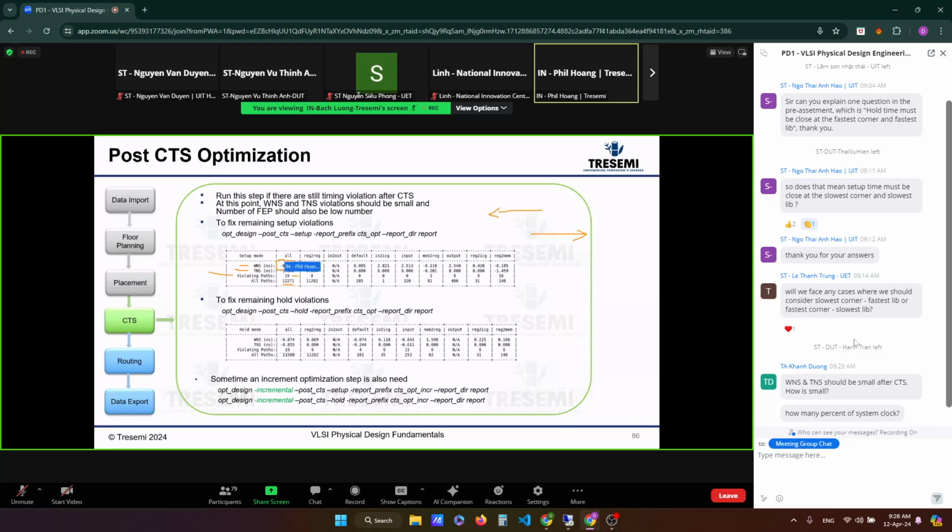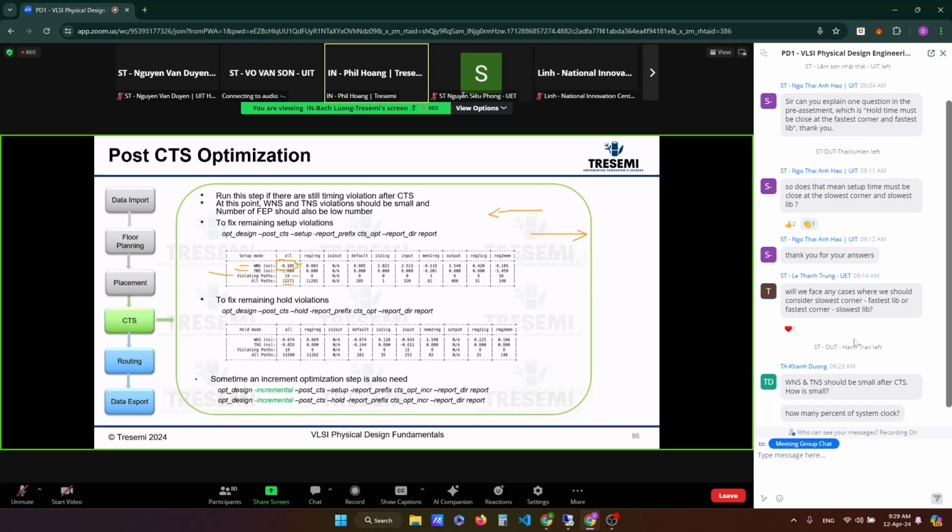But if your setup is really not close to reality, then it can get a lot worse. So pay attention to the RC models during post CTS. And if you see 105 here, but after you route you see 500, then that means that your RC here might be too optimistic.